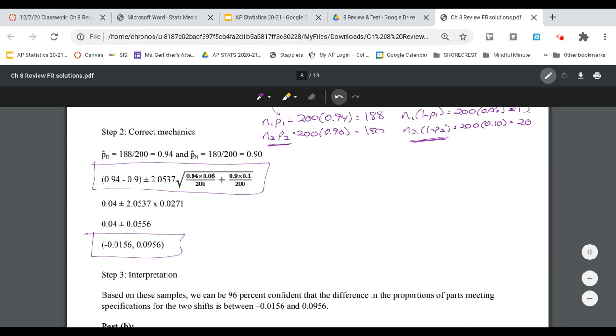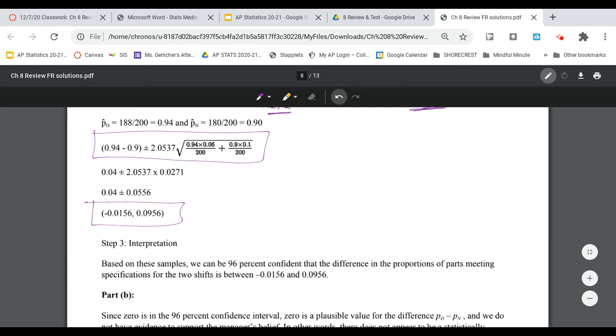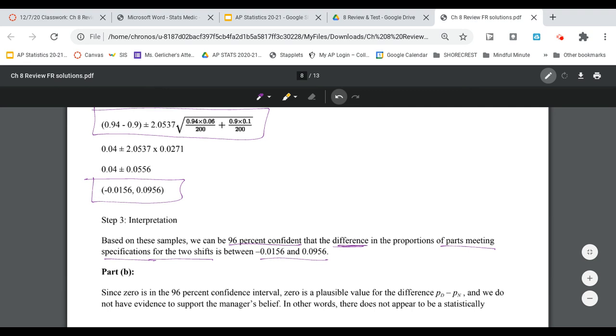Show your work. And then for interpret, 96% confident that the difference in the proportions of parts meeting specifications for the 2 shifts, there's your context, and there's your interval. And then for part B, 0 is in this interval. It starts negative and ends positive.